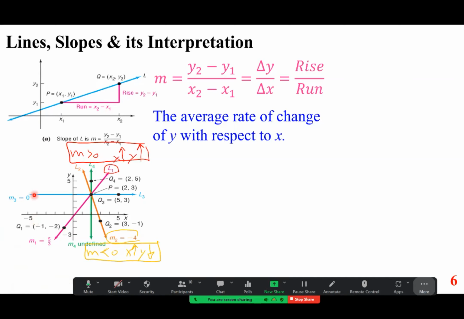When you're looking at a horizontal line, as you go from one point to the other, the x gets larger and larger on the right, but the y doesn't change. And in the case of a vertical line, it's undefined.